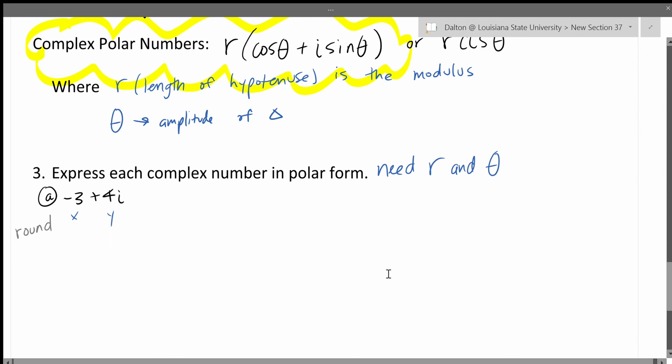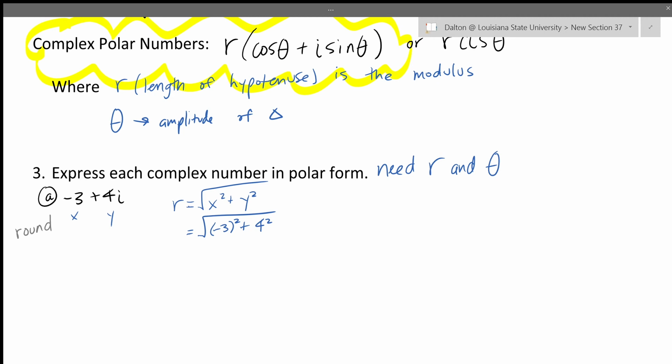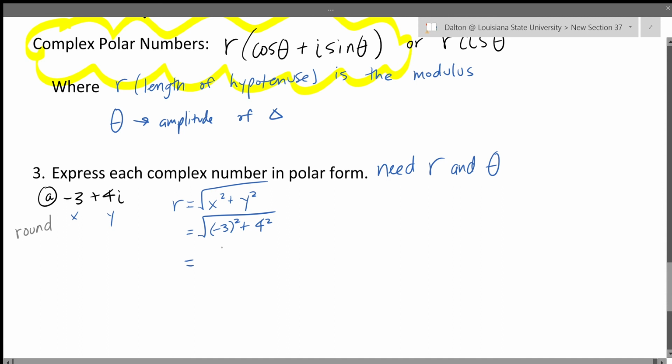So if we know r is the square root of x squared plus y squared, then we can substitute in, that'll be the square root of -3 squared plus 4 squared, which will be 9 plus 16, which is 25, and the square root of 25 is 5. So r is equal to 5.